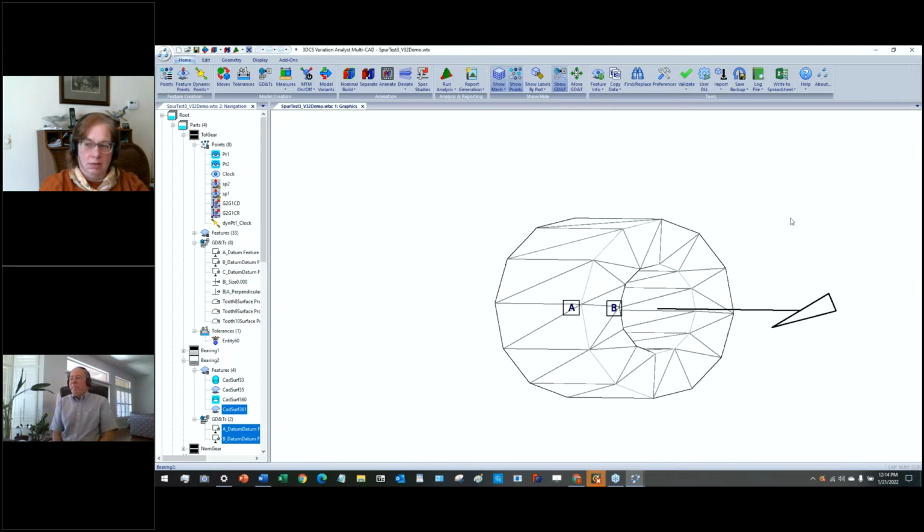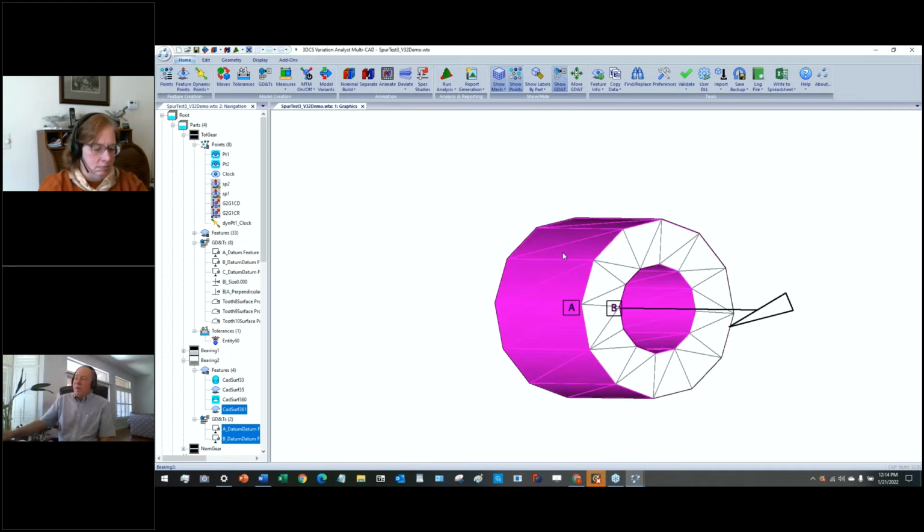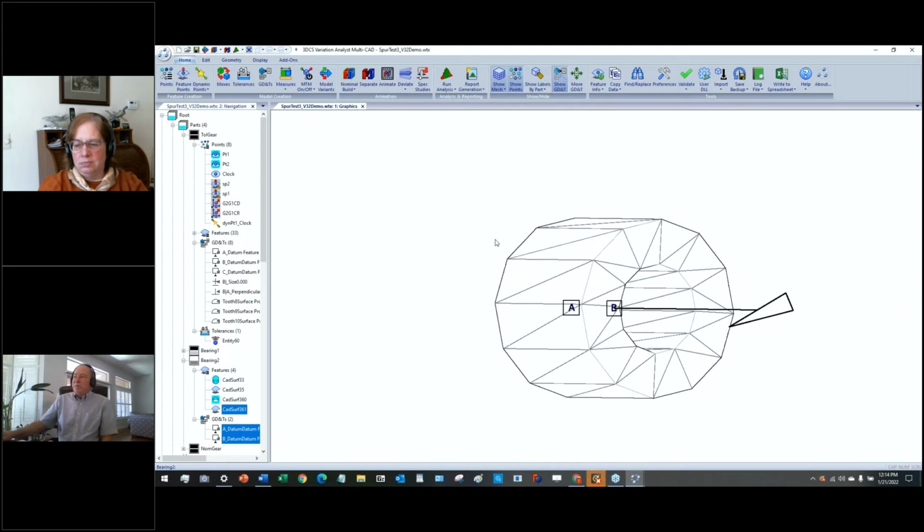This bearing is a perfect bearing, but if you had a real bearing, you'd want to make the outer bearing race perpendicular to A with a tolerance, and that would add realism to the bearing.